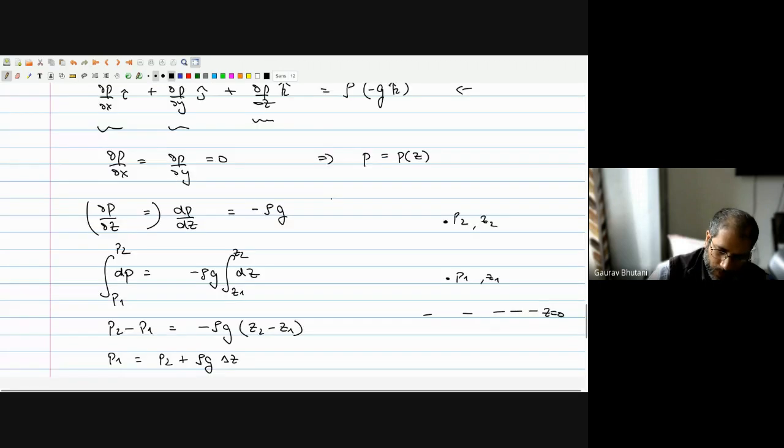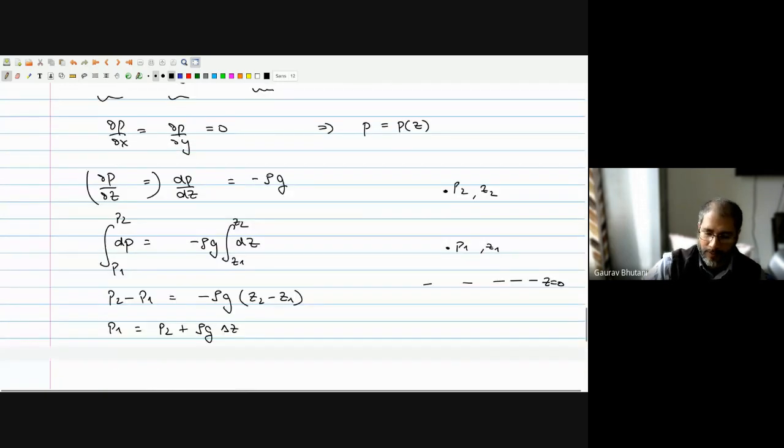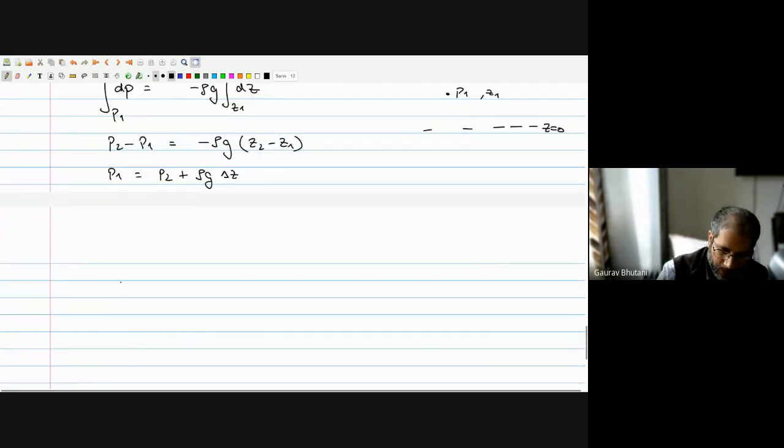Now let's go back to that relation where we had grad P was equal to rho times G. Now there is something we know, and that thing, when you study vector calculus, you learn is that the gradient of any scalar function is a vector, right?